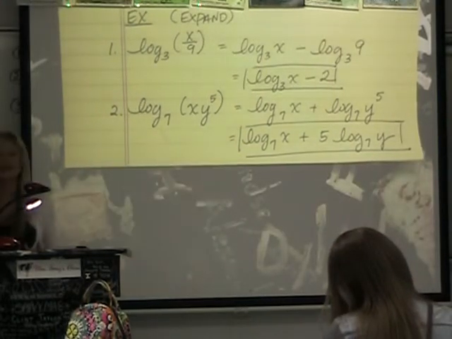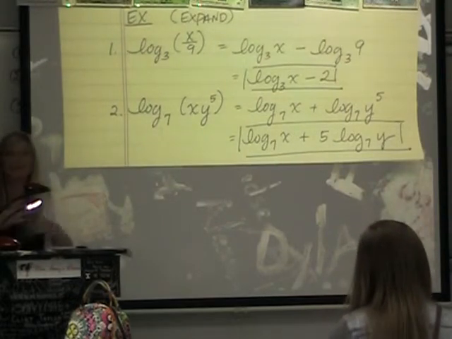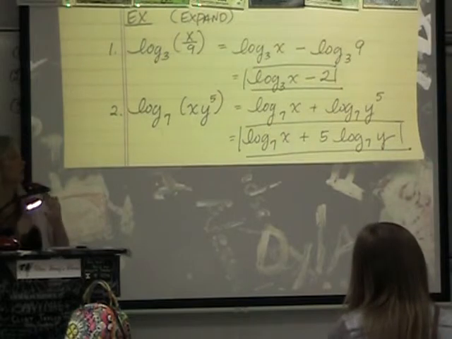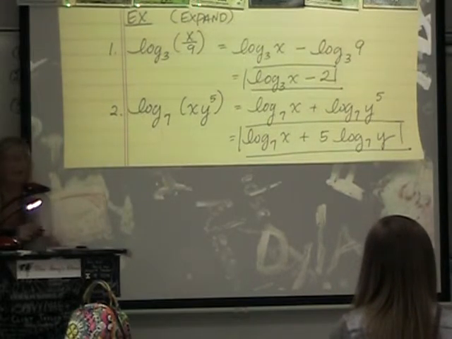So we're expanding it until there are no other properties that we can apply. You keep going until you no longer have a product, a quotient, an exponent, or your logarithms cannot be simplified any further.